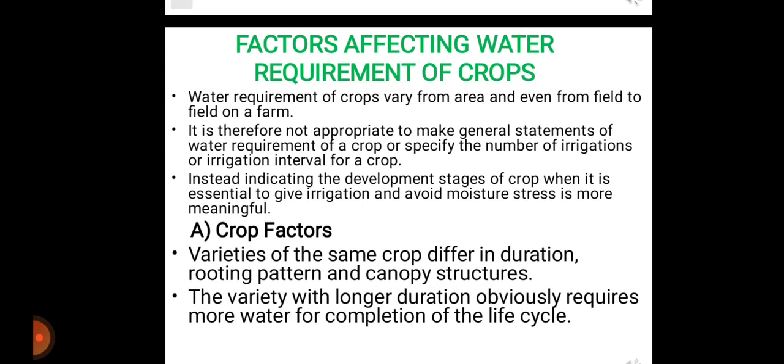Factors affecting water requirement of crops. Water requirement of crops varies from area to area and even from field to field on a farm. It is therefore not appropriate to make general statements of water requirement of a crop or specify the number of irrigations or irrigation interval for a crop.